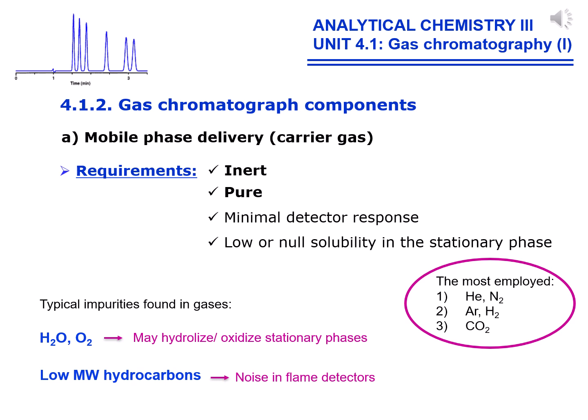The most commonly employed gases are helium and nitrogen, but also argon, hydrogen, and carbon dioxide can be used. The requirements are that it must be a pure and inert gas with little or no solubility in the stationary phase, and that it must be compatible with the detector, meaning that it must not give any response.